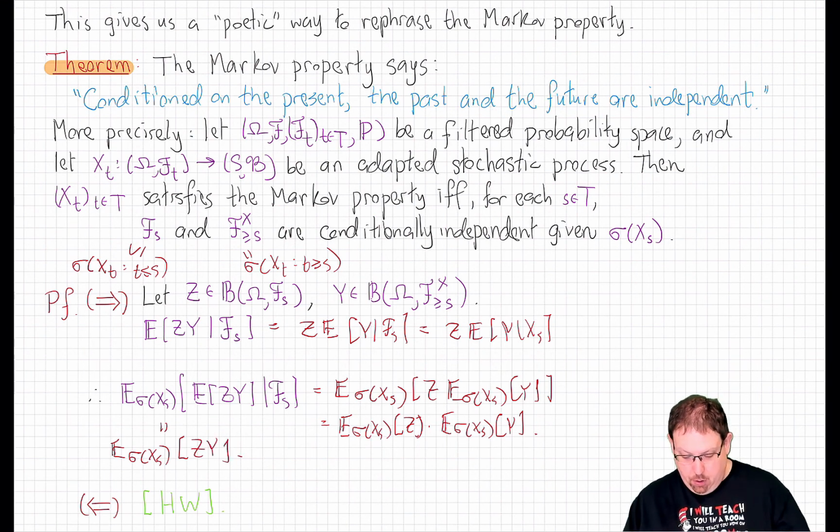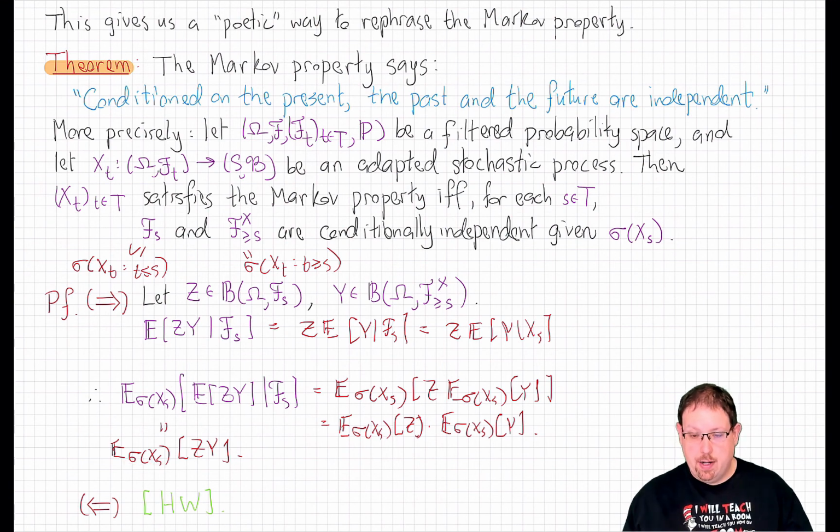We get that for all bounded past measurable and bounded future measurable functions, conditioned on X_s, the expectation of ZY is the product of the expectations of Z and Y. That tells us that we have conditional independence given X_s. That's the forward direction, and the reverse direction is on your homework.